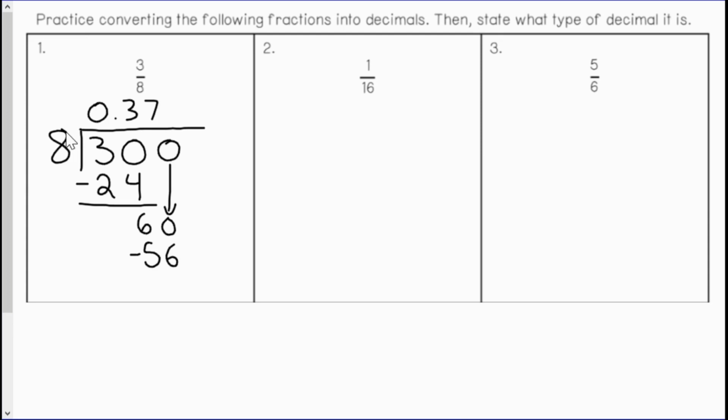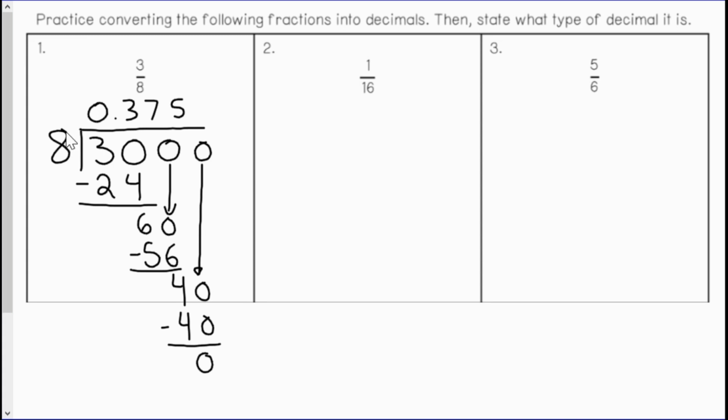Again, subtracting 56 from 60 gives me 4. Bringing down another 0, I now have 40, and 8 goes into 40 5 times. Now I don't have a remainder, so my decimal representation of 3/8 would be 0.375, which is a terminating decimal.